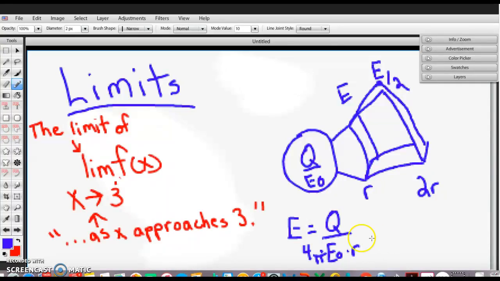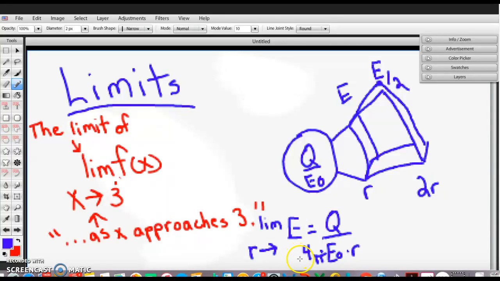If we were to talk about limits as they relate to the electric field, what is happening to the electric field as R gets bigger? That would look something like this. The limit of this function, because this function is just an equation similar to what we did over here, as R approaches some type of value.